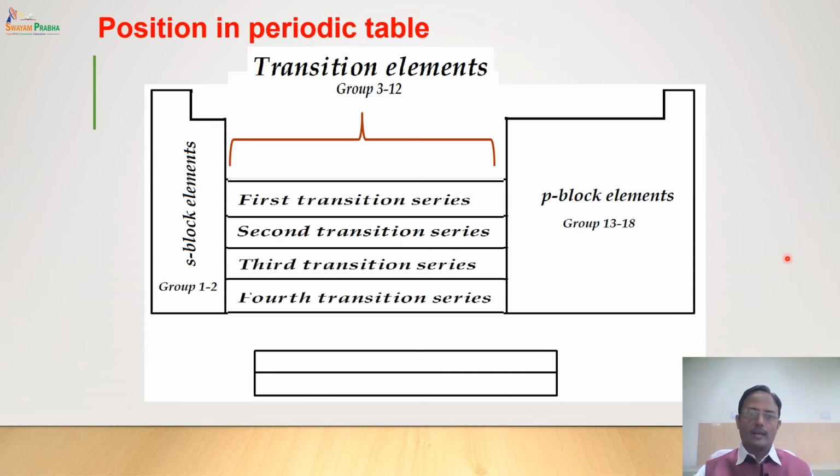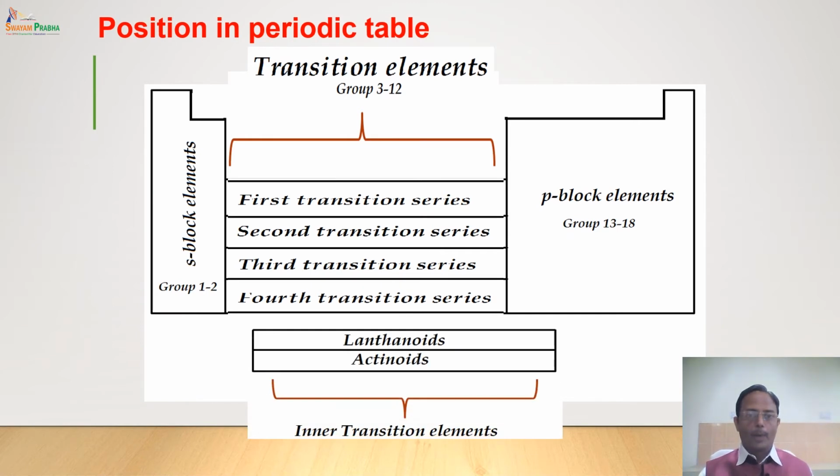These are classified into 4 series: first transition series, second transition series, third transition series and fourth transition series. Now at the bottom of the periodic table there are 2 more rows of lanthanoids and actinoids, also called the inner transition elements.